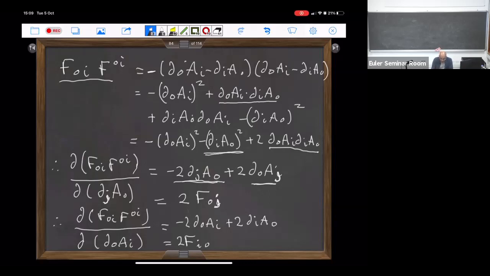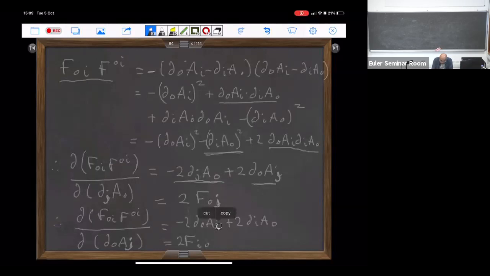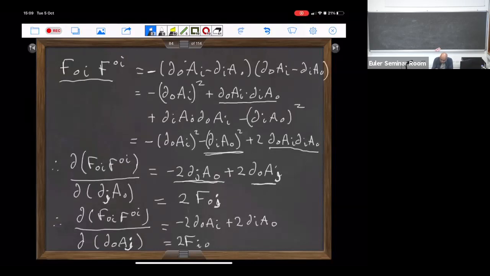Similarly, we also have to compute the derivative of the functional with respect to D0 Aj. Let me call this j, sorry, it should be j's because I'm using i in the summation convention of the action.